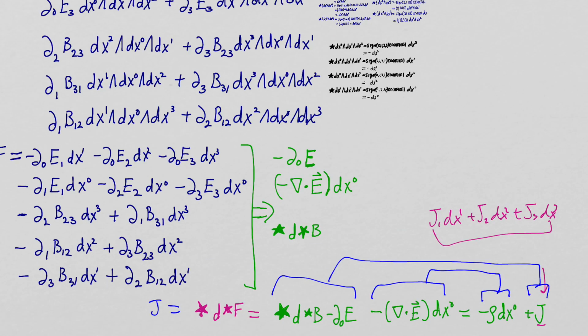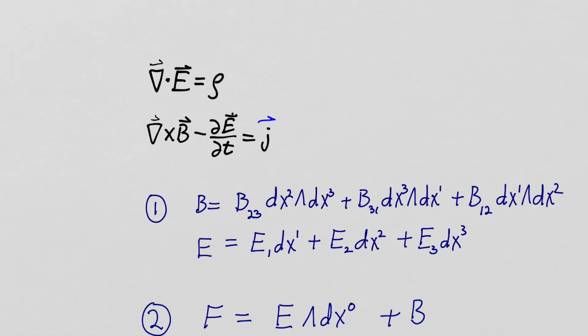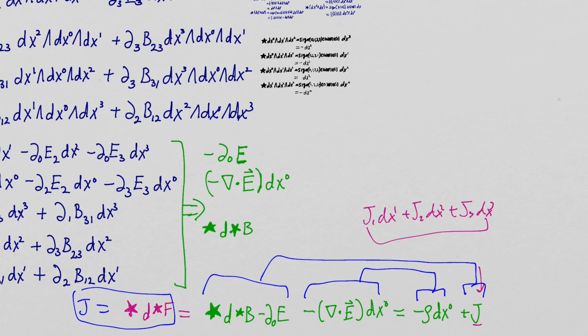So in order for this to be true, this part would have to equal this part, and this part would have to equal this part. Well, this part here, though, is just an expression of Maxwell's equation, the first of these Maxwell's equations, right? That's as simple as that. So we know Maxwell's equations are true, so we know that this coefficient and that coefficient equal, and so we get that condition.